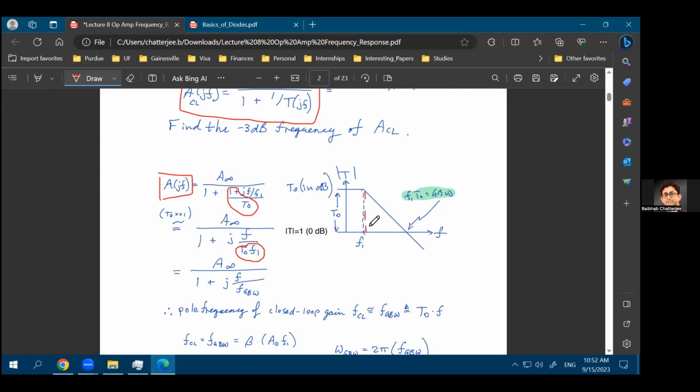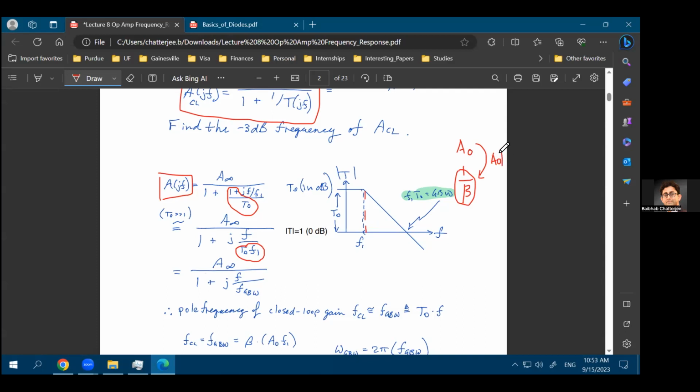And you already know that your closed loop gain reduces by a factor of this T naught. Right? So what is your open loop gain? Open loop gain is A naught. Closed loop gain for an ideal scenario is 1 over beta. So to reach 1 over beta from A naught, what do you have to do? You have to divide everything by A naught times beta.